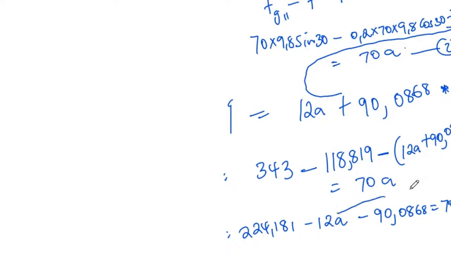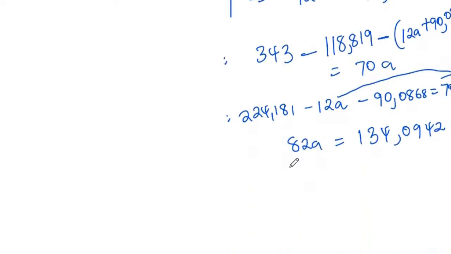I can move this 12A to that side, which gives me 82A equals 224.181 minus 90.0868, getting 134.0914. Then I'll divide both sides by 82.